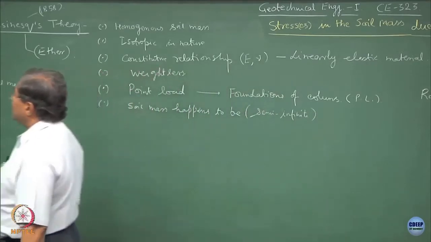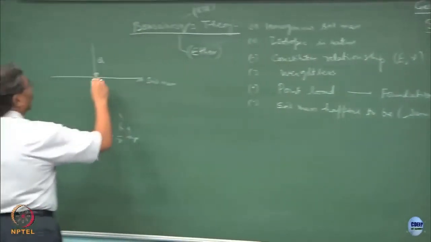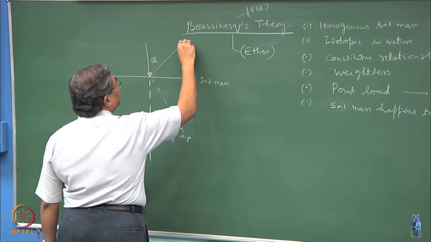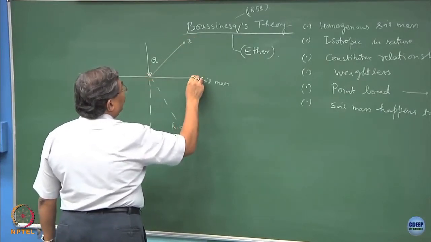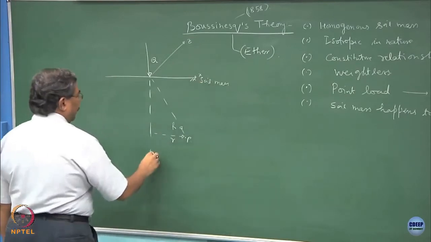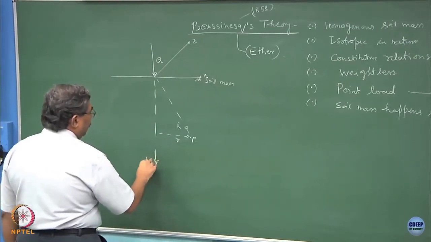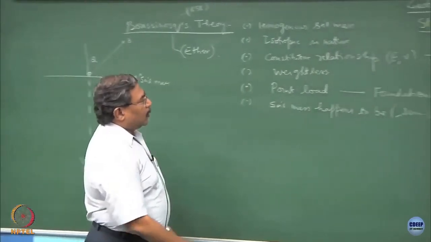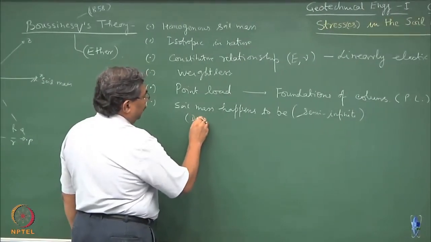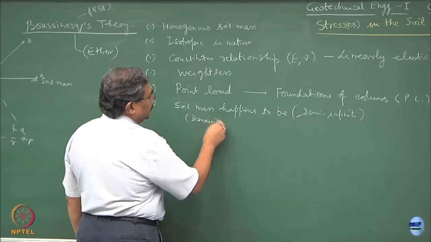Semi infinite means, if this is the direction of Z, this is the direction of X, and this is the direction Y, we are considering the domain. So, soil mass is nothing but the domain in which we are doing the stress analysis.